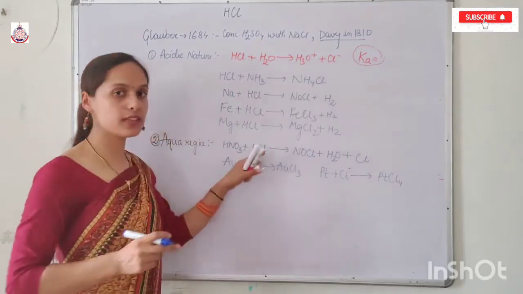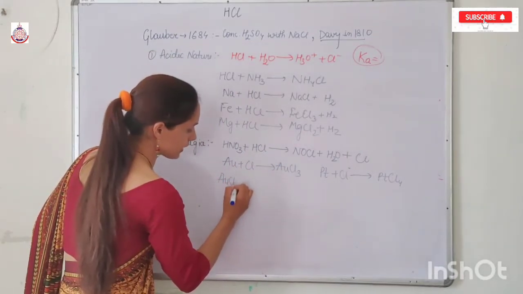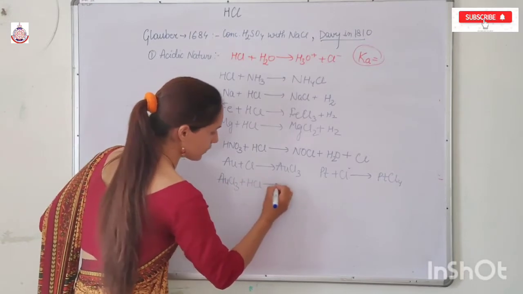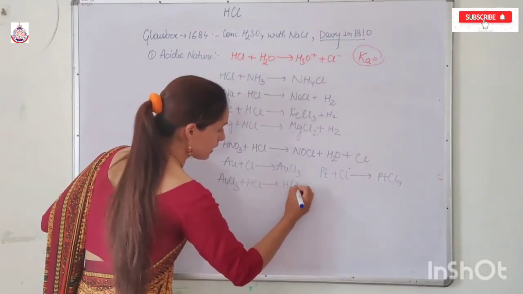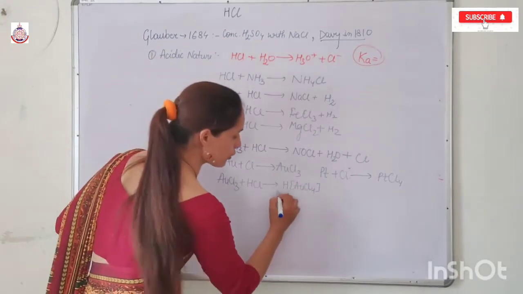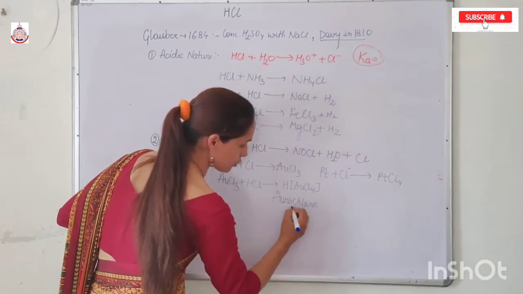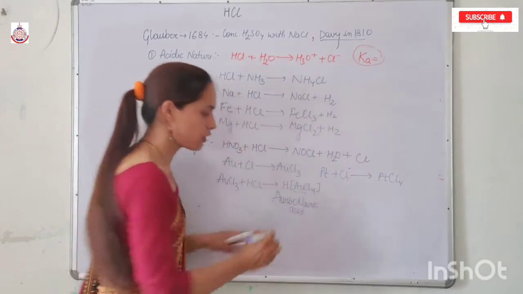Because we are taking excess HCl, this AuCl3 reacts with the excess HCl to form soluble HAuCl4, that is chloroauric acid, in which we have gold.